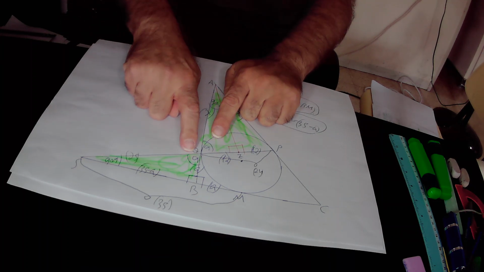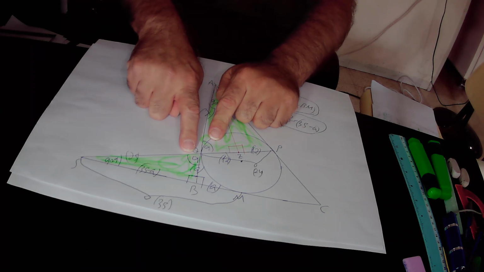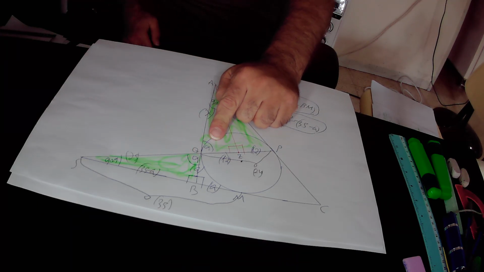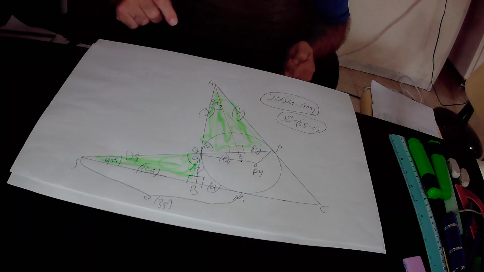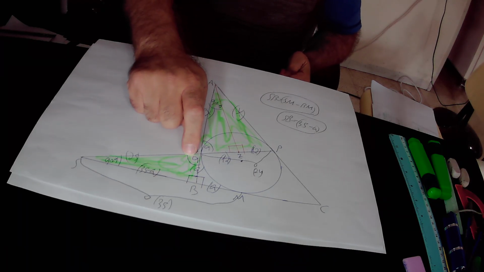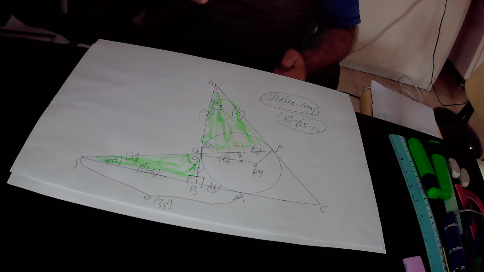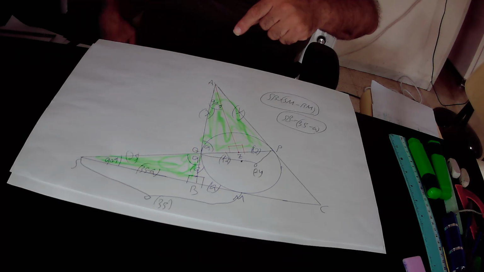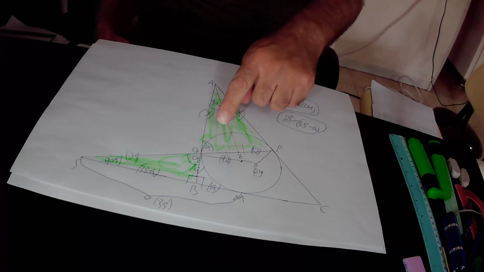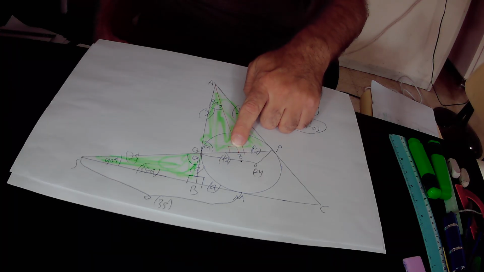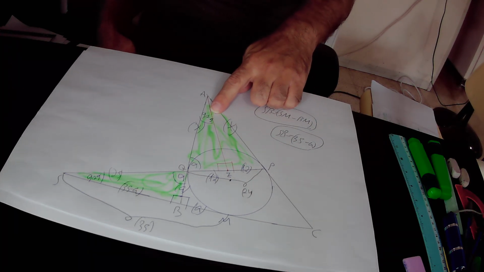Those two angles are vertex angles, and you know the vertex angles are equal to each other. So if we define the size of this angle as alpha, then the size of this angle must also be alpha. So in this big triangle AQZ, this angle equals alpha, this angle equals 90 degrees, and therefore this first angle must equal 90 degrees minus alpha.